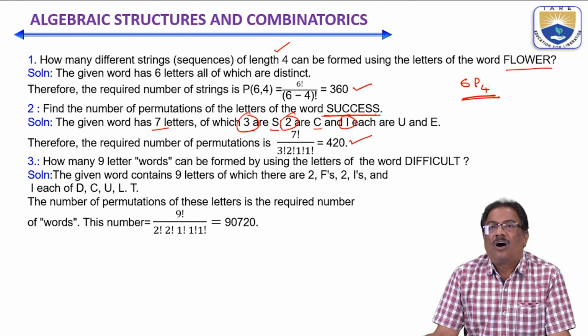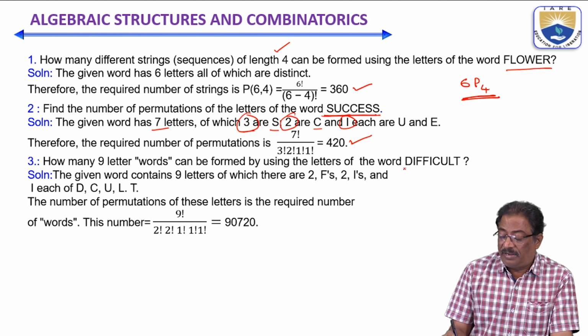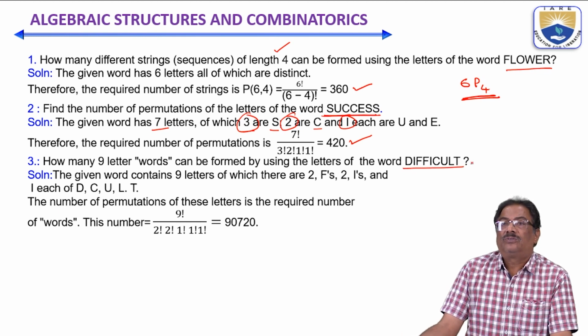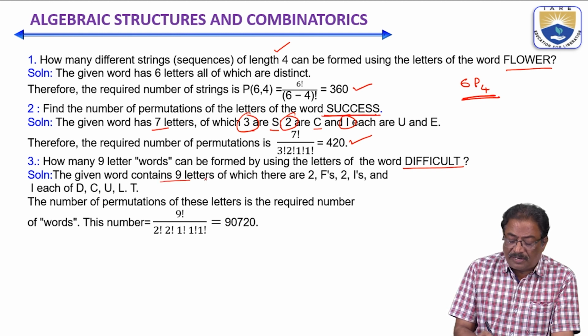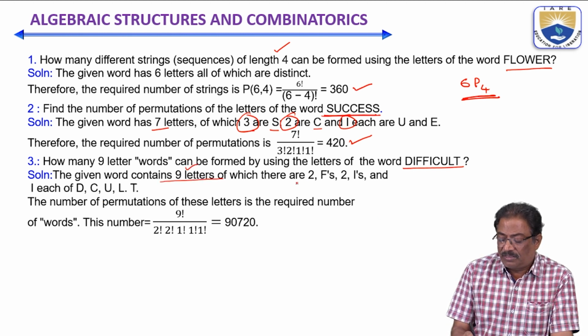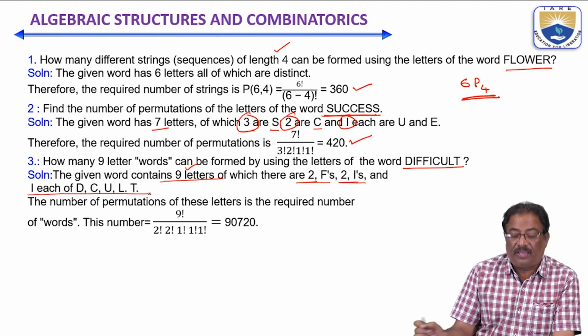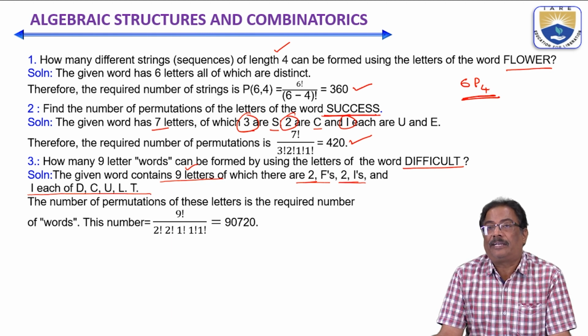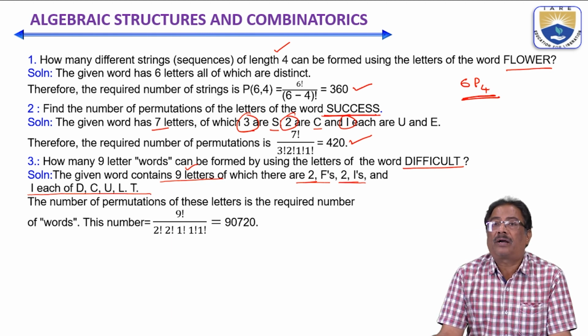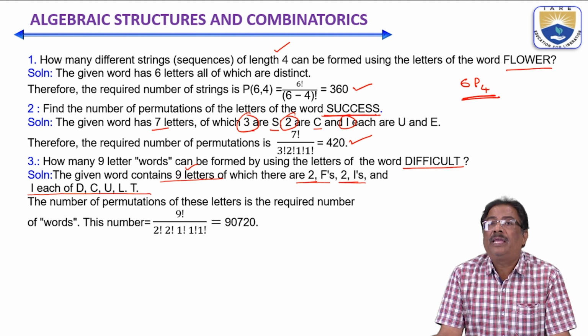Now another one: how many 9-letter words can be formed by using the letters of the word difficult? Once again, the given word contains 9 letters, out of which there are 2 F's and 2 I's, and 1 each of D, C, U, L, T. That means D will occur only once, C once, U once, L once, and T once.